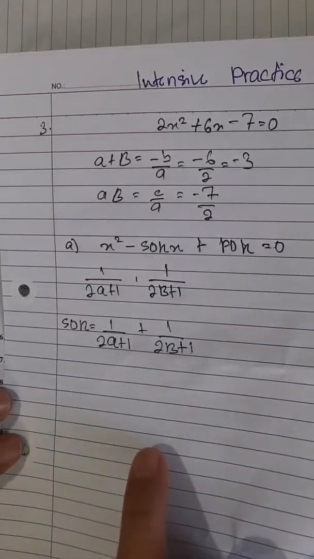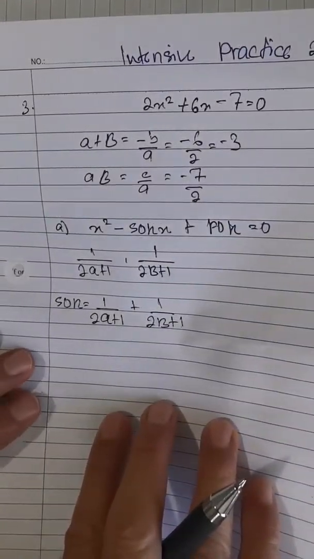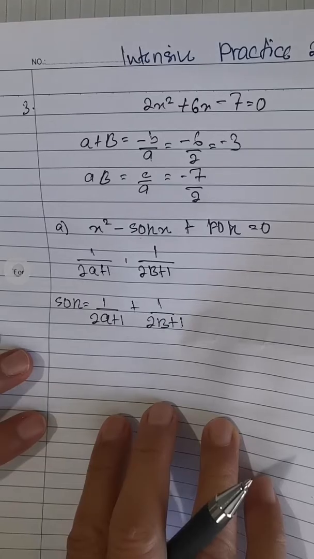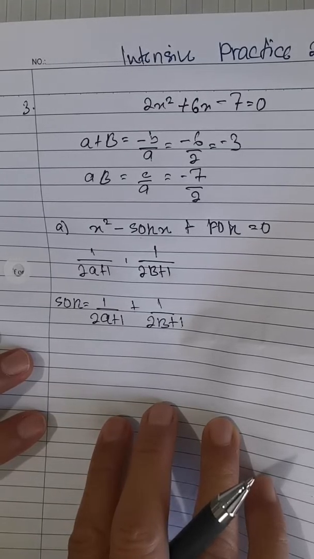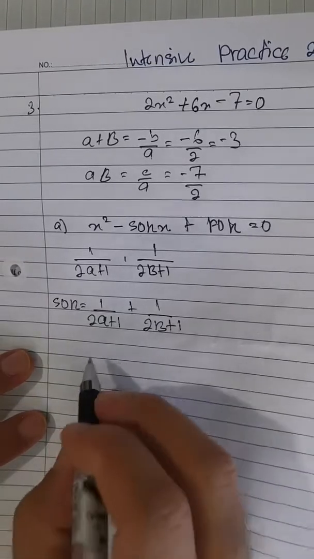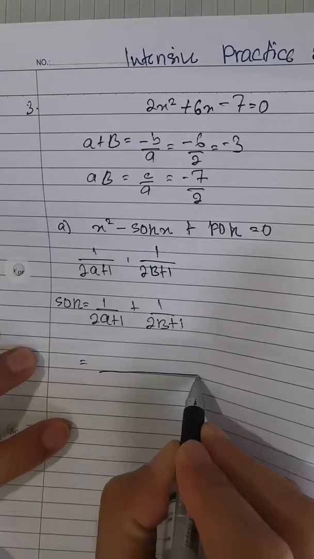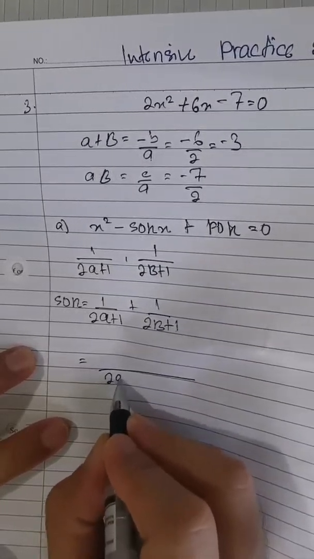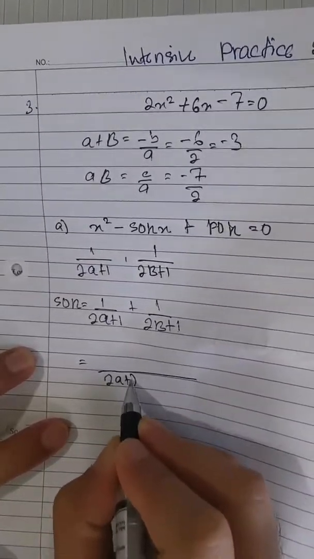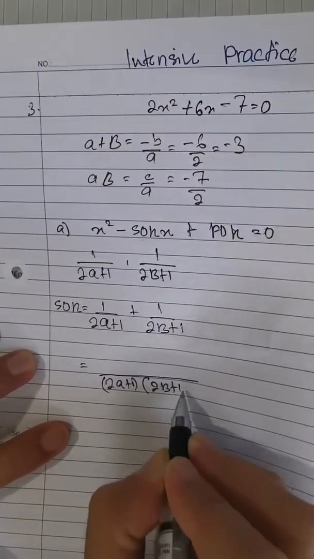So how to add this fraction? You have to use the concept of usual fractions. We have to make sure that we have the same denominator. So the denominator will be 2 alpha plus 1 times 2 beta plus 1.